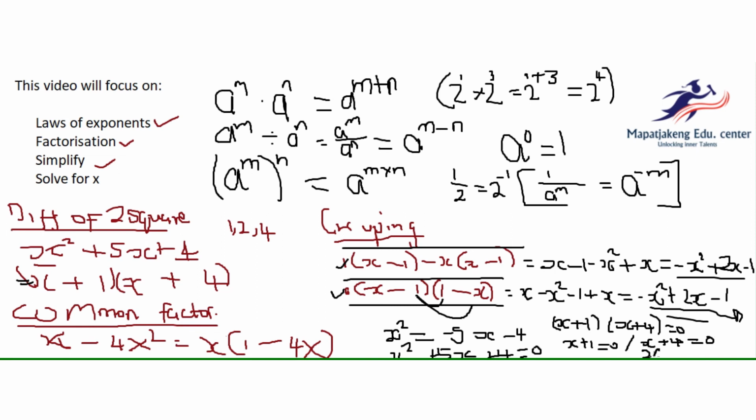And then here we simplify by making x the subject of the formula. As well, here we make x the subject of the formula. That's it. Then we have solved for x. By using factorization, it has helped us to solve for x in this case.